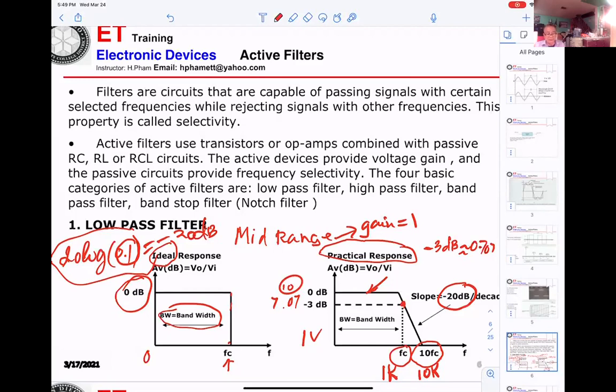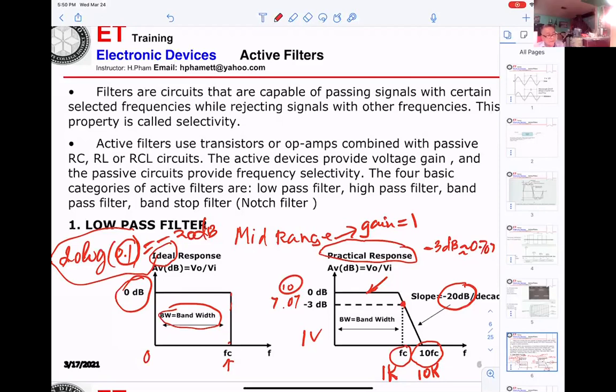I gave you another one. Now if they say they go down 40, minus 40 dB, then what is the value? Then you have to look for what number minus 40 dB is equivalent to. 0.01. Exactly.